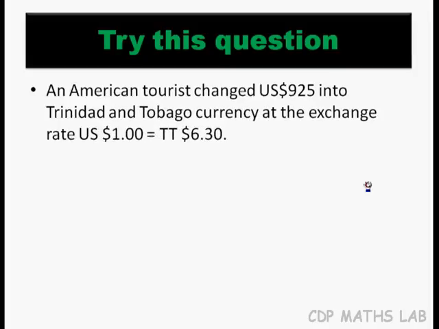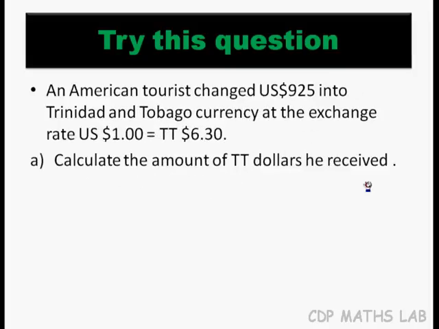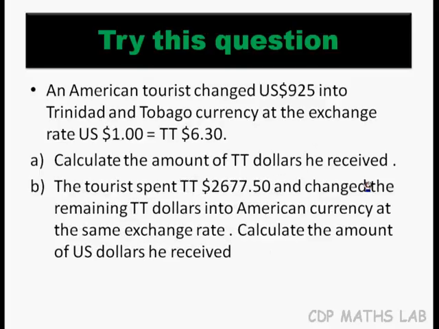Of course, you know we will not go without giving you another. Try this question. An American tourist changed US $925 into Trinidad and Tobago currency at the exchange rate of 1 US dollar to $6.30 TT dollars.